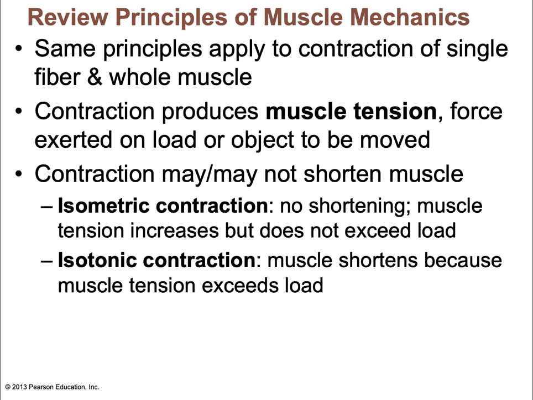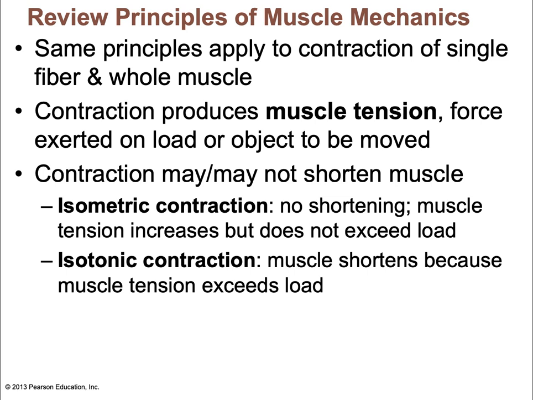And so these contractions that go on at the muscle level can be termed either isometric or isotonic. In an isometric contraction, the muscle exerts force and generates tension, but the dimensions of the muscle don't change. That would be something like locking your hands together in front of your chest and then pulling.